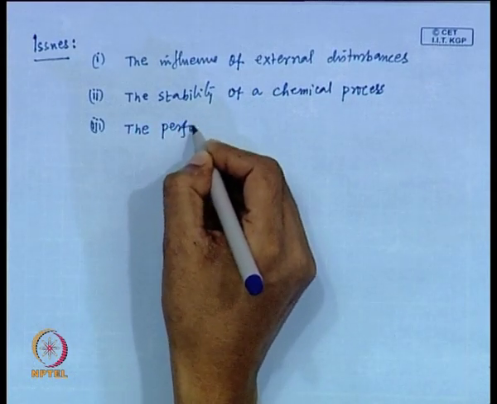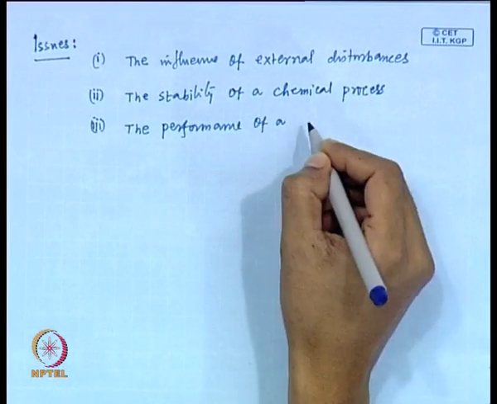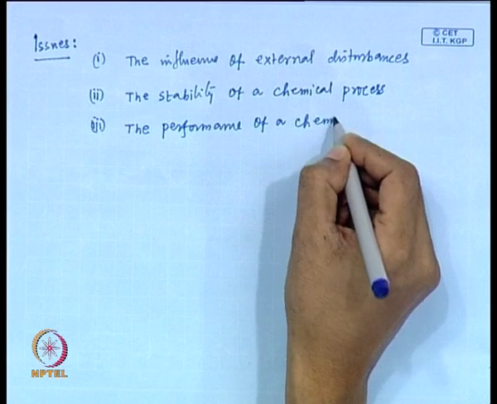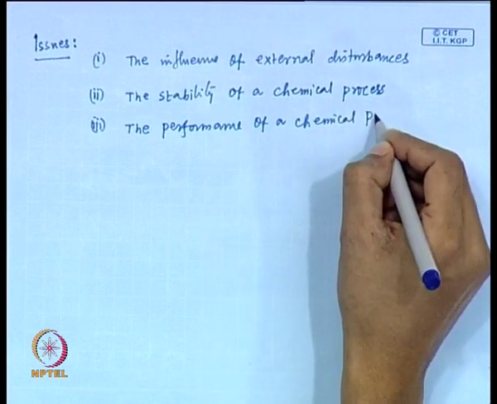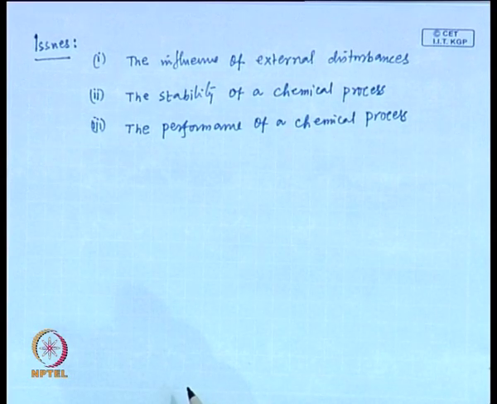So, these are the three important issues which should be dealt by the control system.